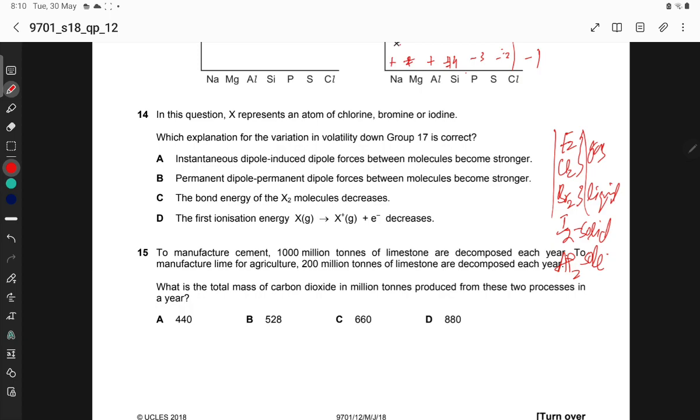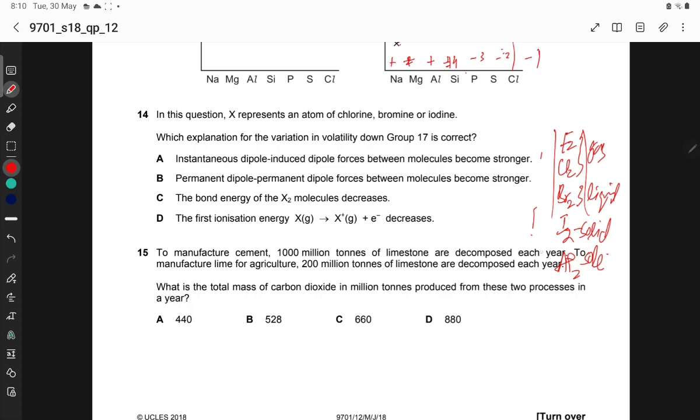So therefore the intermolecular forces increase and volatility decreases. The instantaneous dipole induced dipole forces between the molecules become stronger and stronger as there are more electrons.